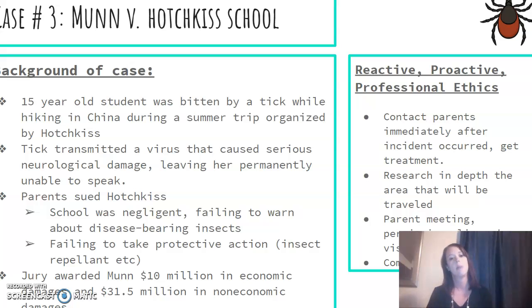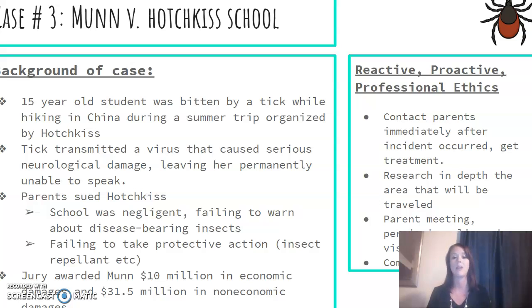But basically the background for this one is there was a 15-year-old student who was bitten by a tick while hiking in China during a summer trip, which was organized by the school. Unfortunately, the tick transmitted a virus that caused serious neurological damage, leaving her permanently unable to speak. So in this case, the parents were suing the school.